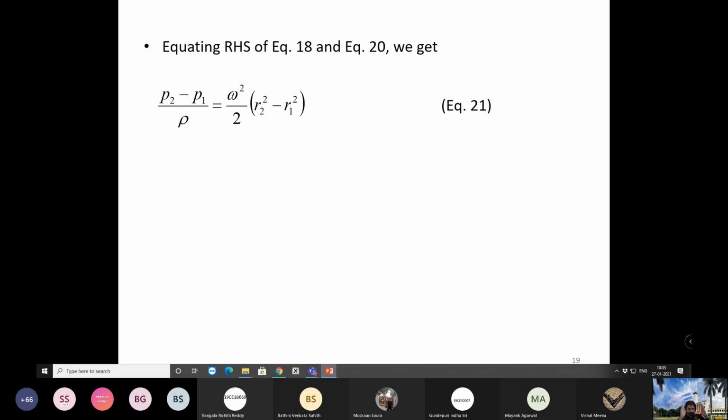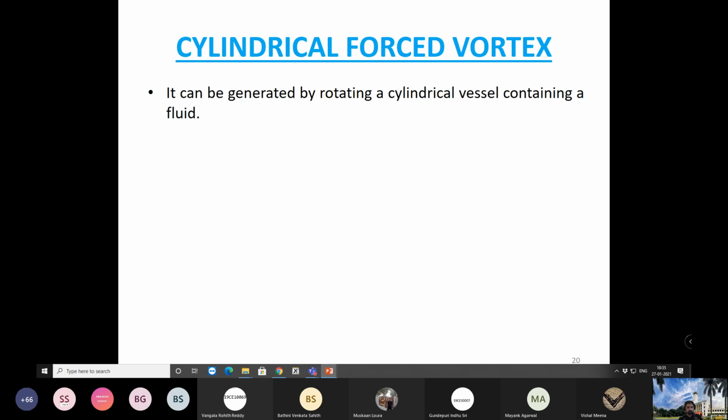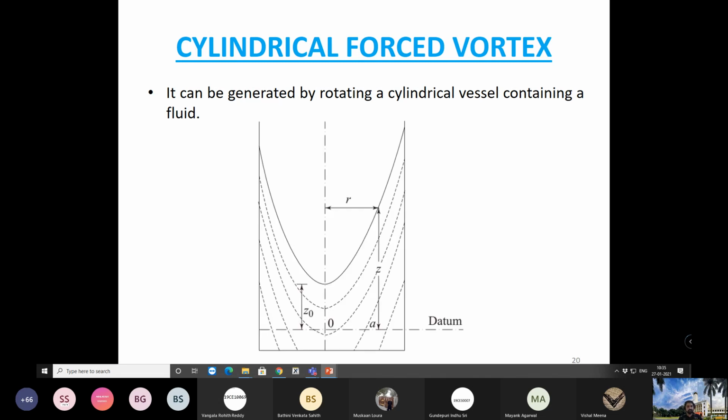Now with this in mind, we are going to cover that particular configuration of forced vortex motion which is normally encountered in real life or also in your lab. That is the cylindrical forced vortex. You will see in the lab that we generate the cylindrical vortex. This cylindrical forced vortex can be generated by rotating a cylindrical vessel containing a fluid like this.